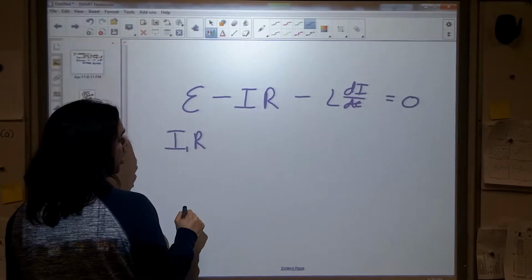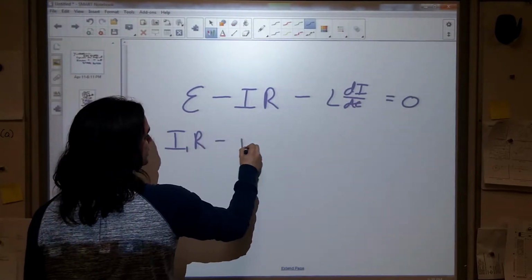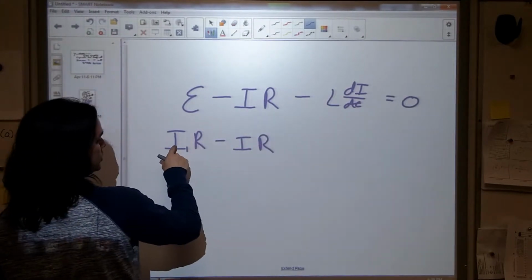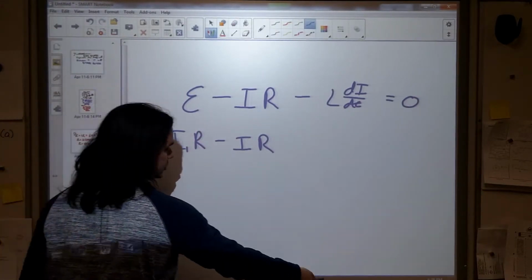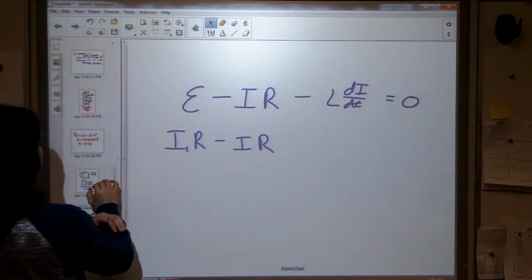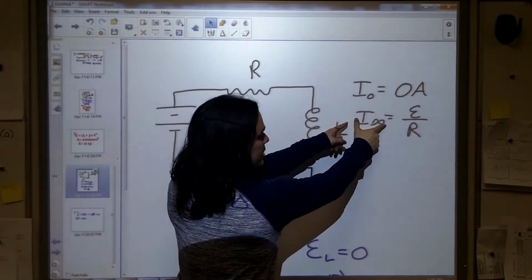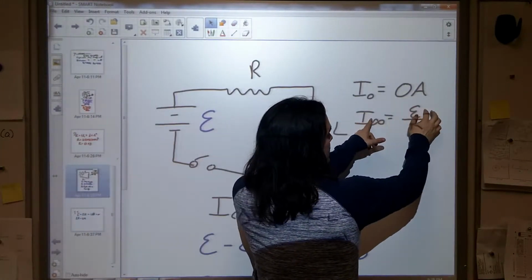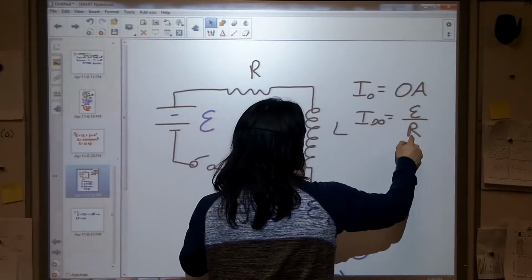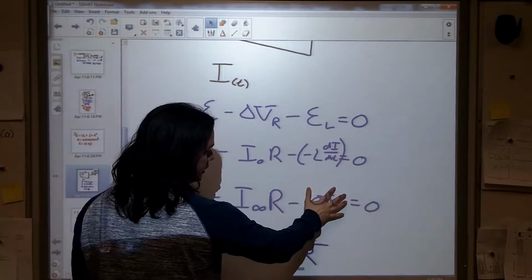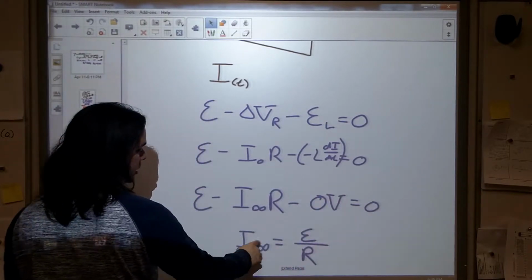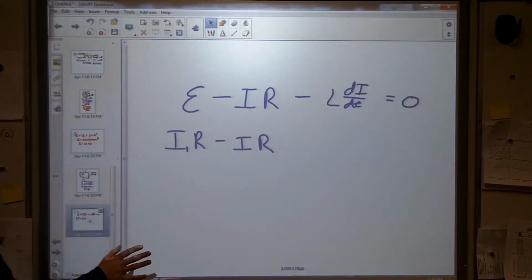I'm going to leave it as I final, minus I R. So I infinity times the resistance of the resistor. This is the potential across the battery, which we found with this. I final is equal to ε, the battery, divided by R, and we got that from what happens as time goes to infinity. There's no potential difference across the inductor, and so forth.